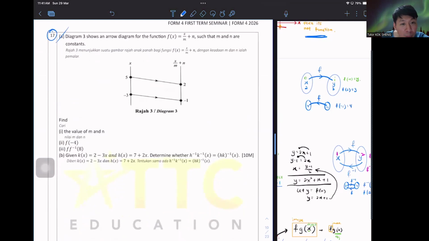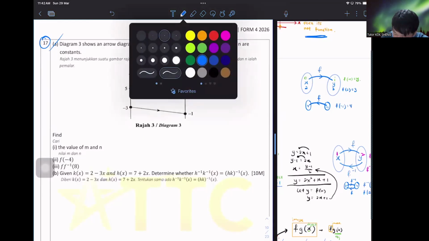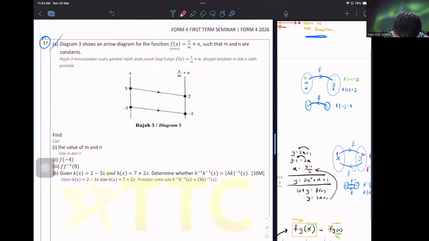Oh, okay, this diagram is similar. 17A, diagram 3 shows an arrow diagram for the function f(x), such that m and n are constants. So this is the function given to you, and you can see the picture here. Similar object and image, direction left to right, object, image.